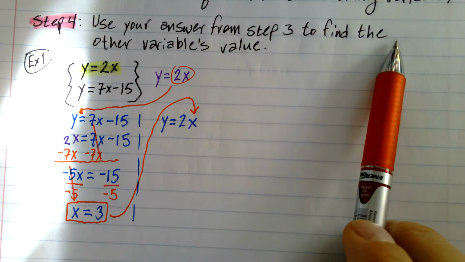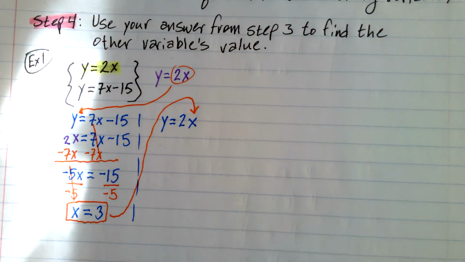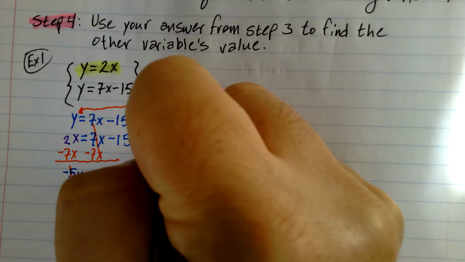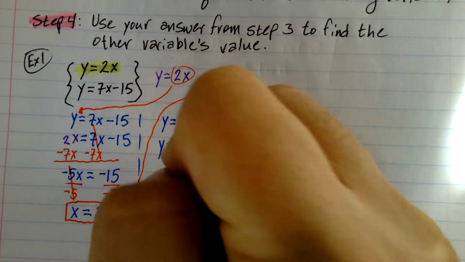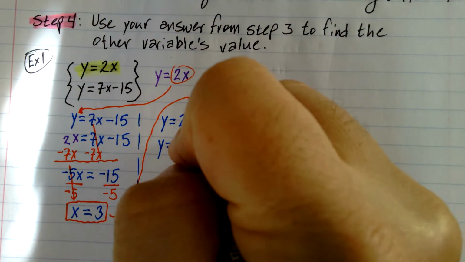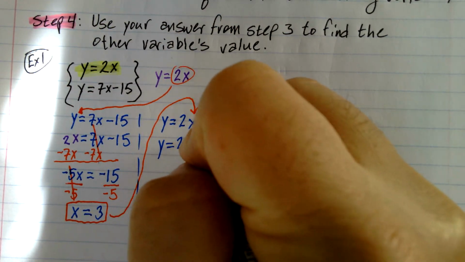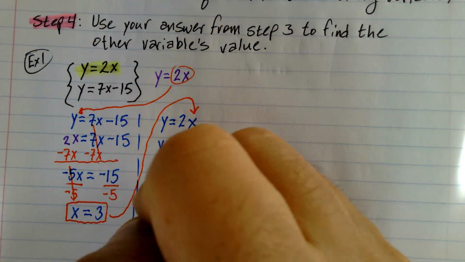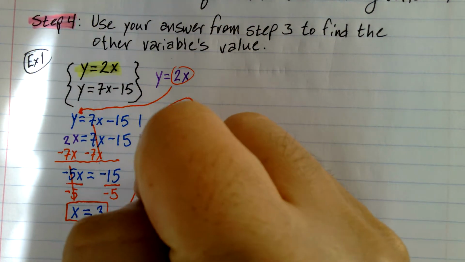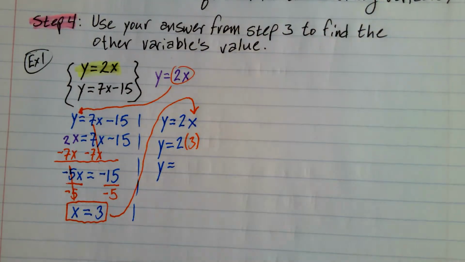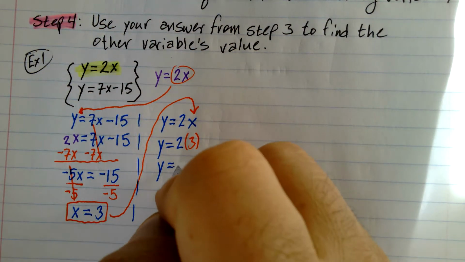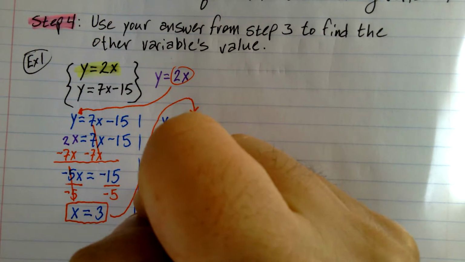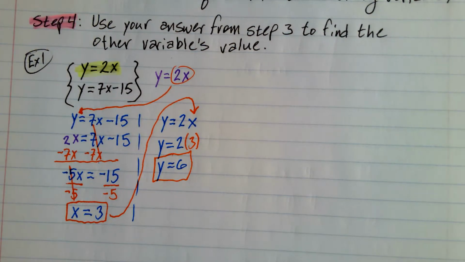I'm using the answer from step 3 to find the other variable's value. So y equals 2 times whatever x is, and I know it's 3. So it's y equals 2 times 3. What is the value for y? Please tell me in the chat. Y equals what? 6. Thank you.